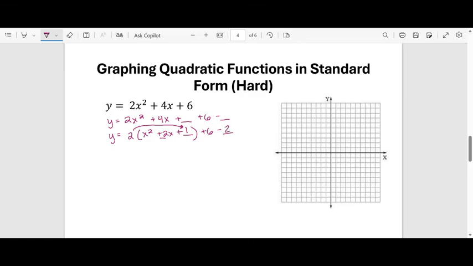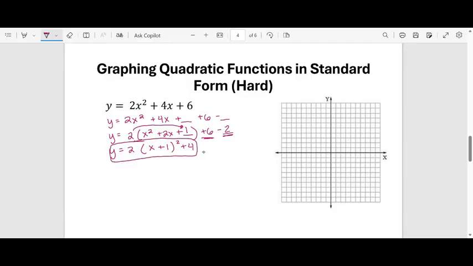Next, I can replace my 3 terms with x and then half of my middle number and then put a squared at the end. So x plus 1, because half of 2 is 1, squared. Left over, I have positive 6 minus 2, which will give me plus 4. And now my equation is in vertex form.